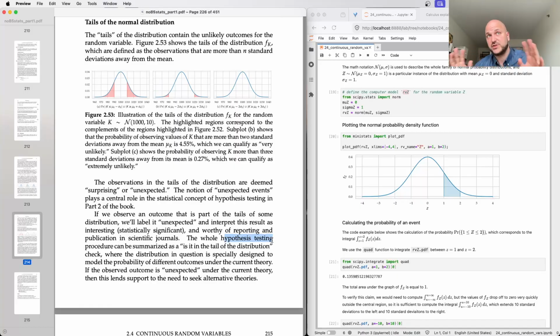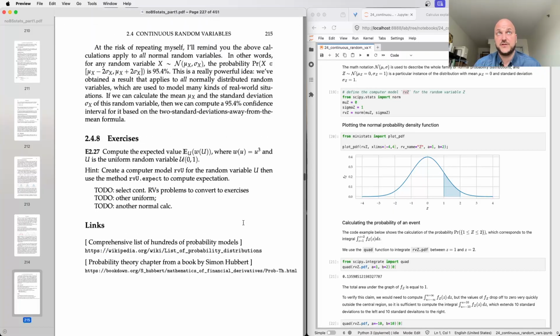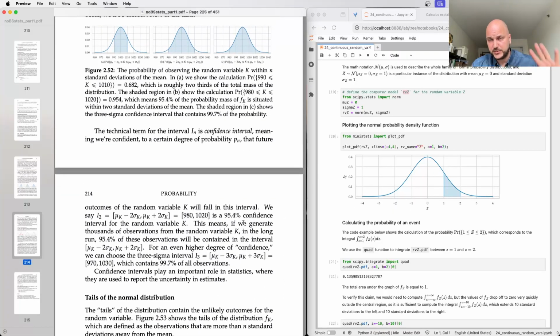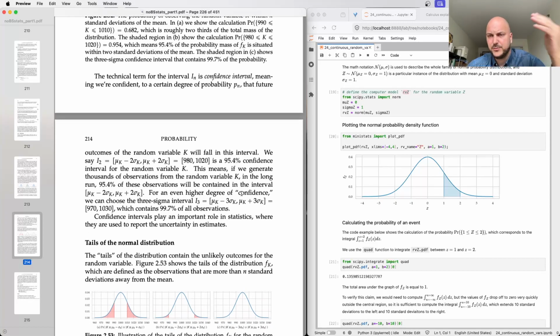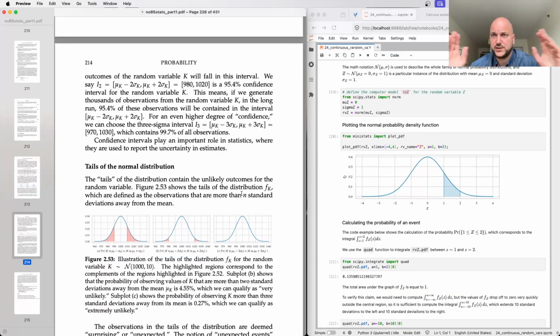So we conclude, oh, something else must be going on here. But for now, we're in the probability chapter, so you don't think about hypothesis testing. Sorry about that, but by the time you see these concepts in hypothesis testing, I want you to have an intuition that the tails contain the unlikely values.